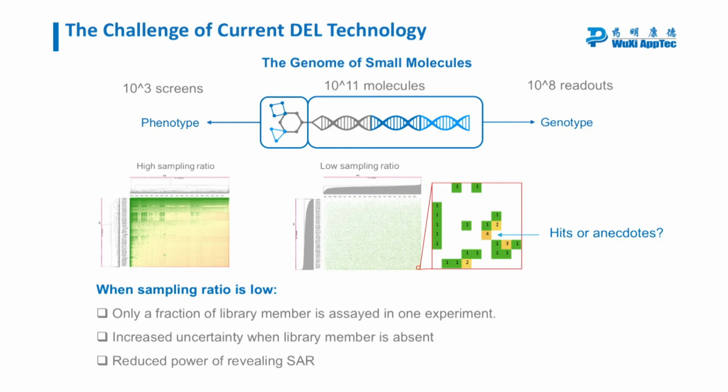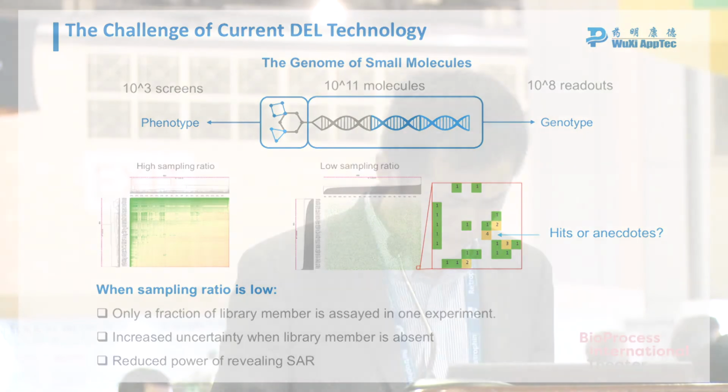So a lot of DEL practitioners will end up in this space and start calling hits based on very, very low copy counts. And you are actually missing the very best one here because it just happened to be not covered by NGS sequencing. So hopefully you will understand the challenge imposed on the DEL technology.